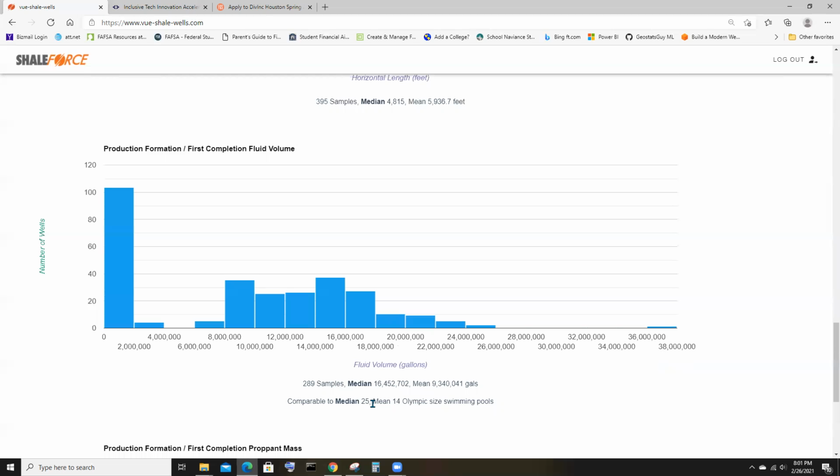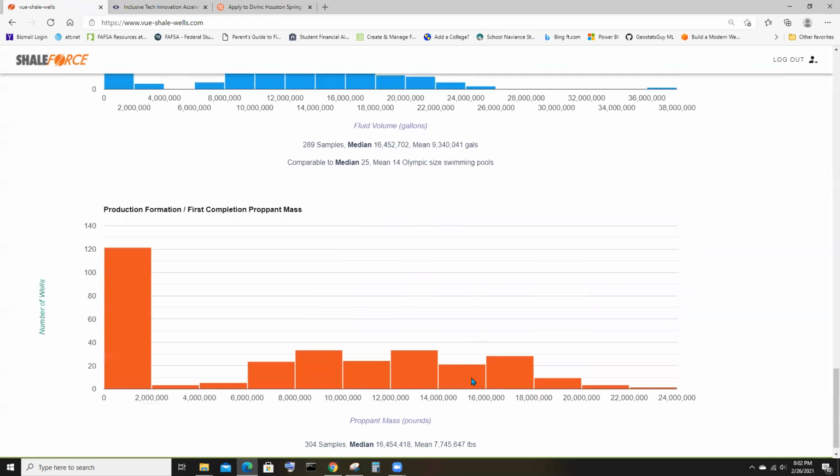The median of these wells has a capacity of about 25 swimming pools. Well, maybe not all 25, because some of the frac fluid circulates back, and you know that. But there's still a lot of capacity for a well to carry pressurized water for potential energy storage. It could be worth investigating after the well is depleted.